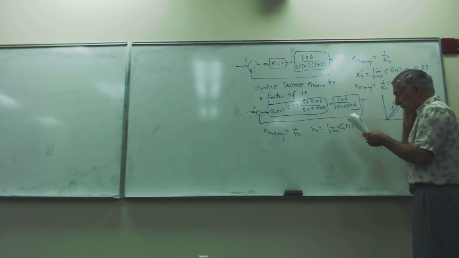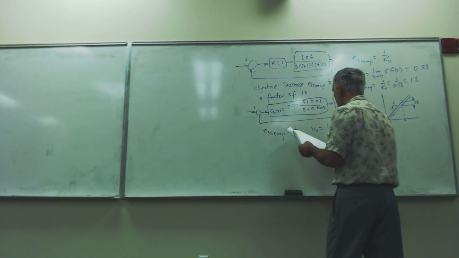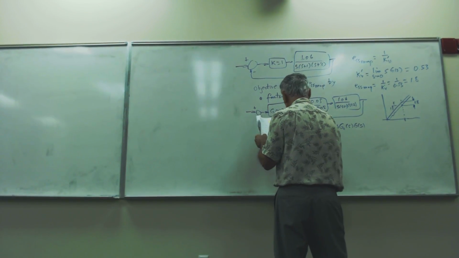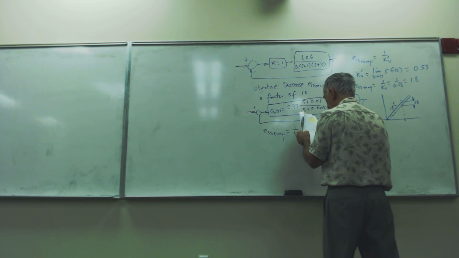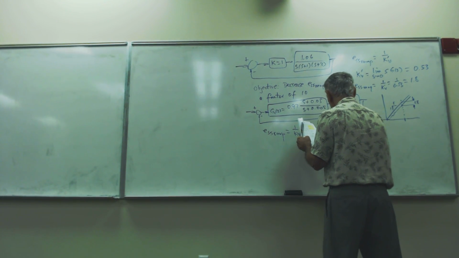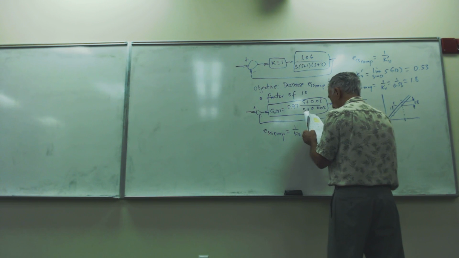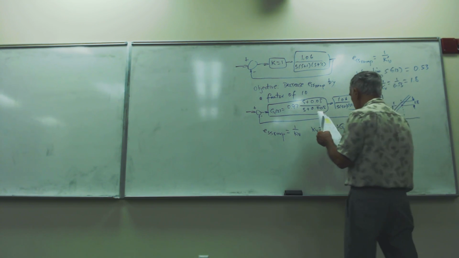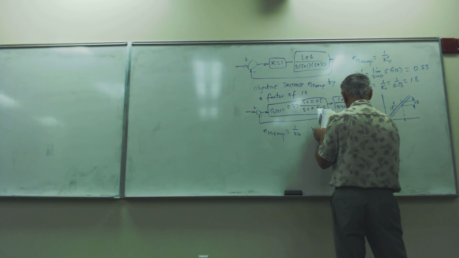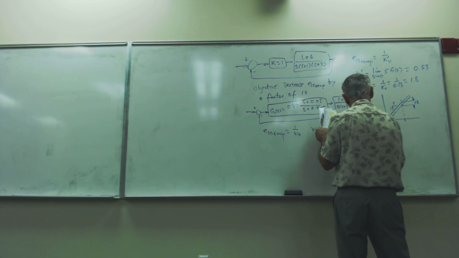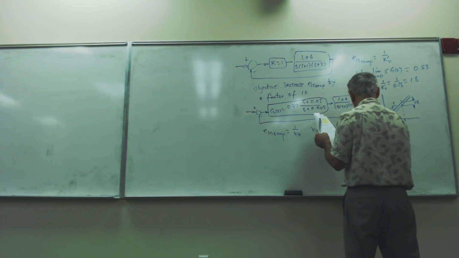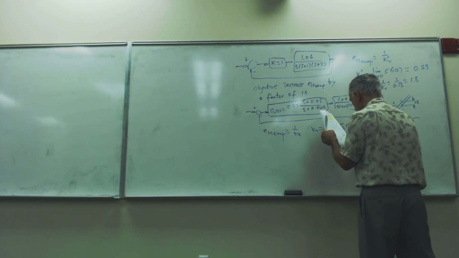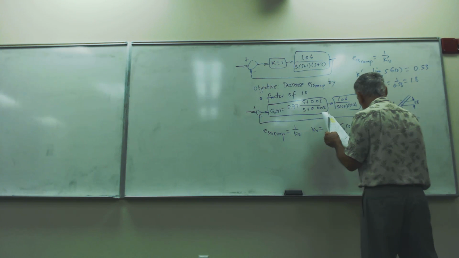Okay, and so that then is going to be equal to, let me see, the Kv is going to be equal to the limit as s goes to 0 of 1.06 times 0.97, roughly 1.02, times (s plus 0.05), divided by (s plus 0.005).